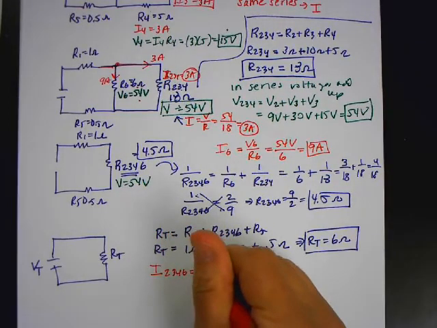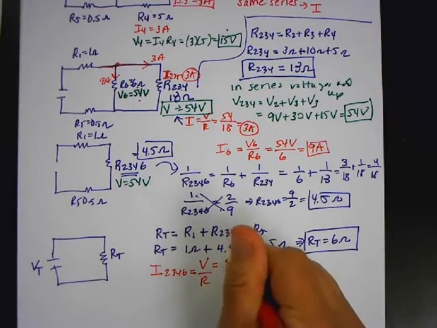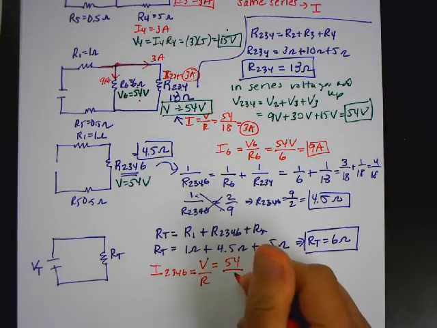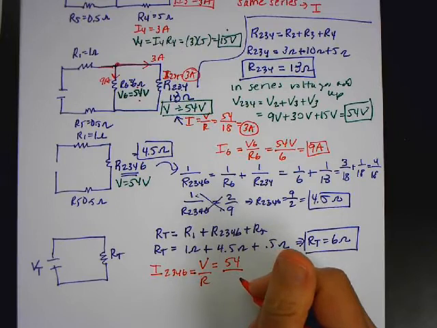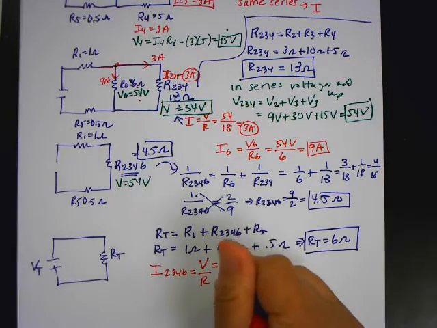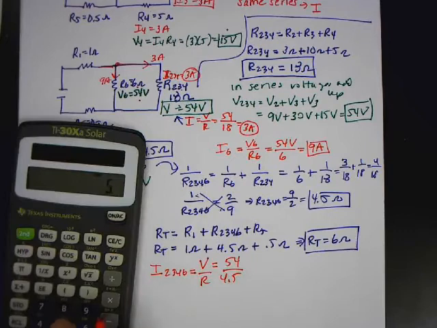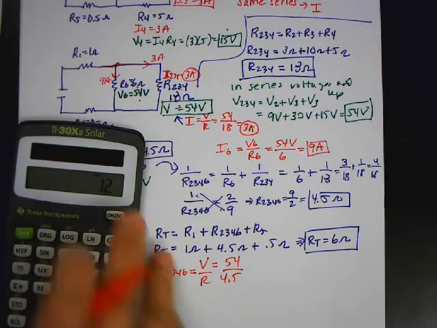I2346 is equal to V over R, it would be 54 divided by 4.5. So 54 divided by 4.5 comes out to be 12.